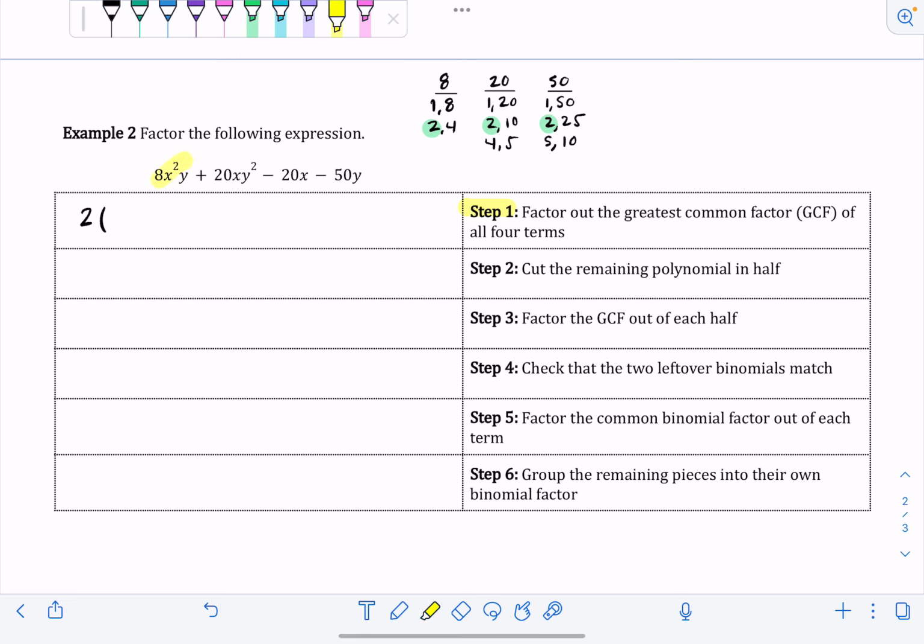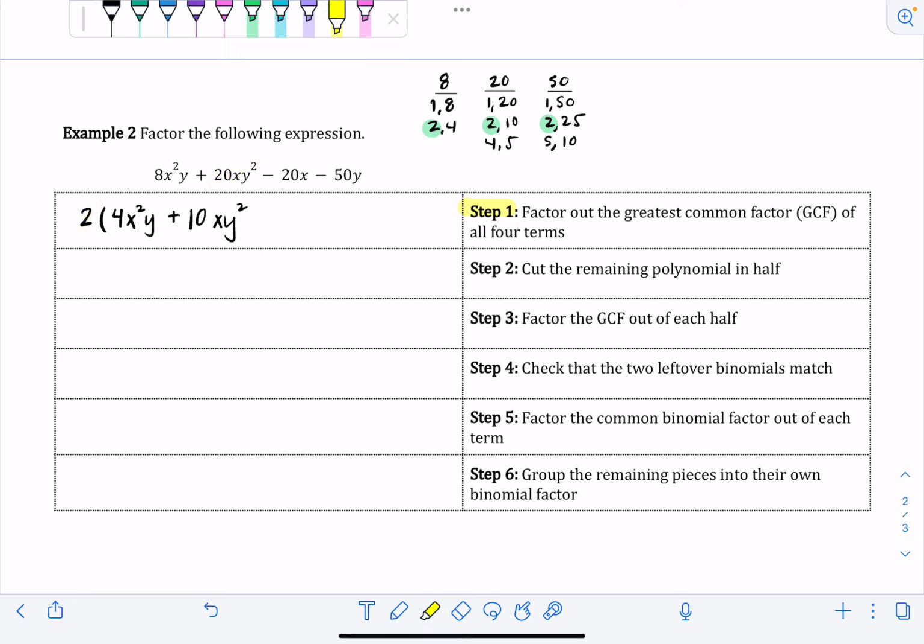So 8x squared y divided by 2. Since I'm not dividing out any variables, the variables will stay the same. I just have to divide the numbers. So 8 divided by 2 is 4, and then this part stays exactly the same, x squared y. And then 20xy squared divided by 2: 20 divided by 2 is 10, and the xy squared stays the same.